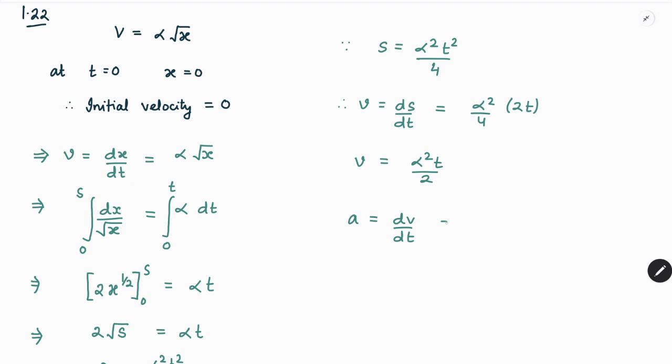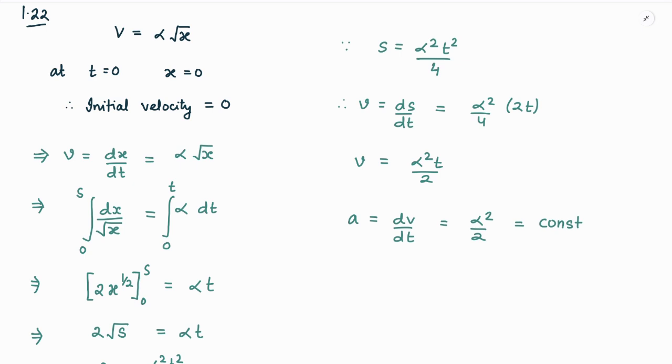So over here dv by dt turns out to be alpha square by 2, which is constant. So we have established that acceleration is constant, alpha square by 2, and velocity is proportional to time t. In case the question asks us to plot a graph, we can do that also.